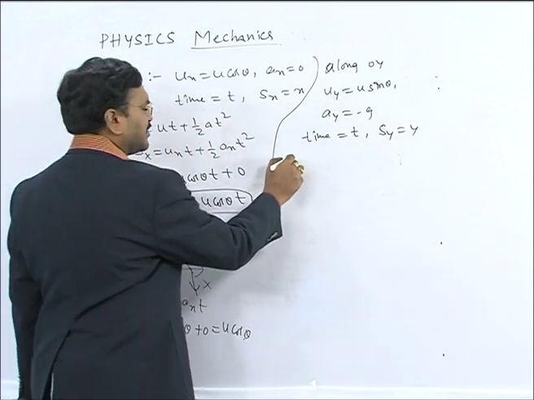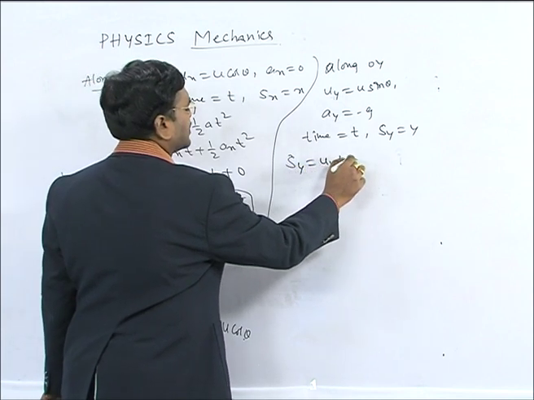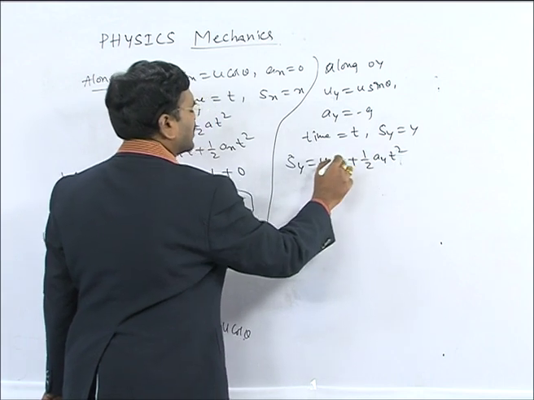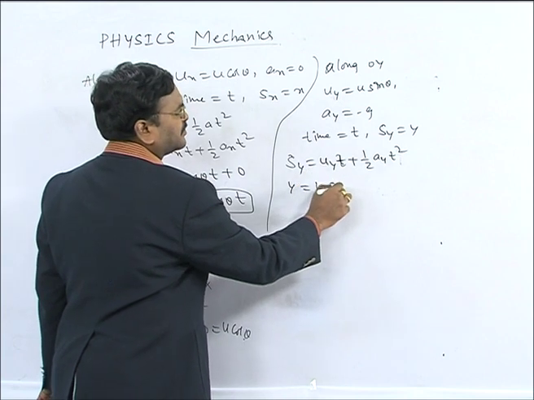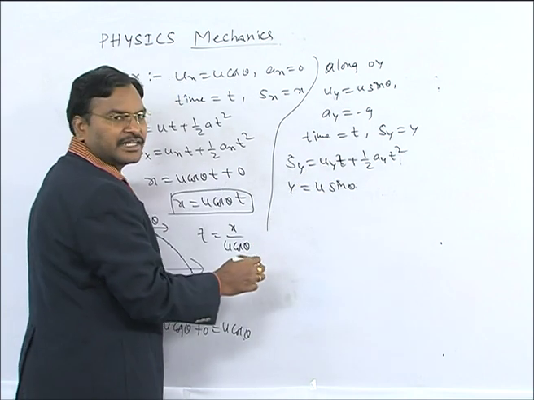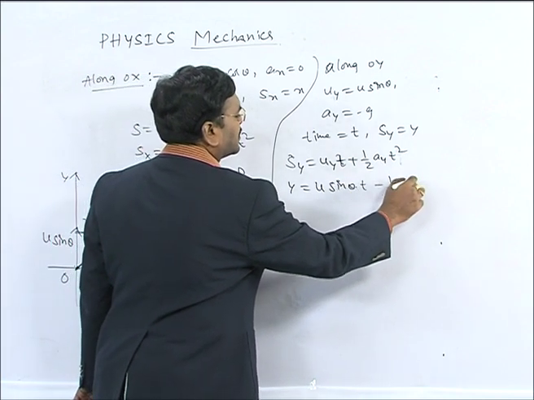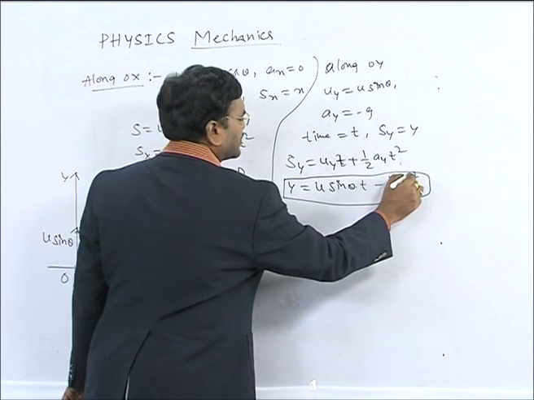Now by using the second equation of motion, Sy is equal to Uy into t plus half Ay into t square. So y is u sin theta into t minus half gt square. This is the vertical displacement of a projectile in time t seconds.